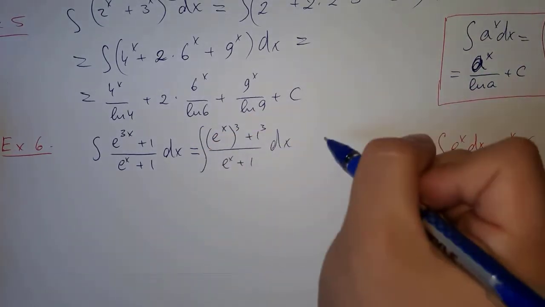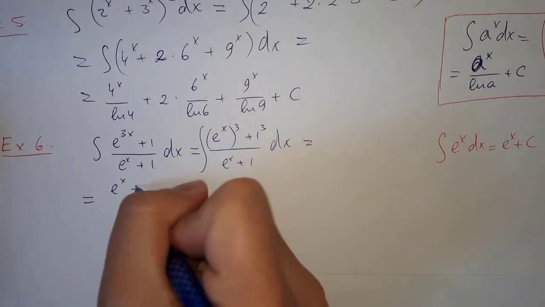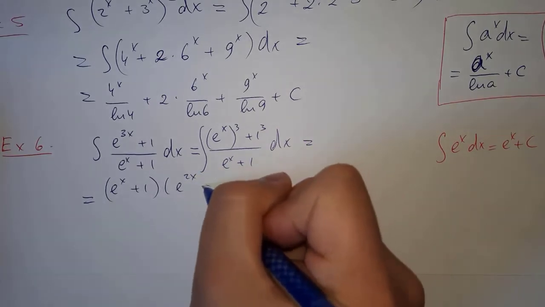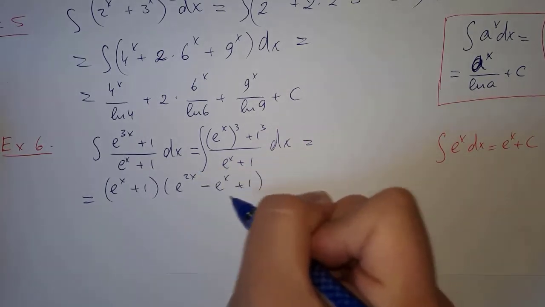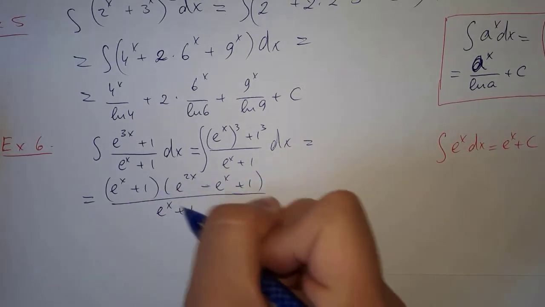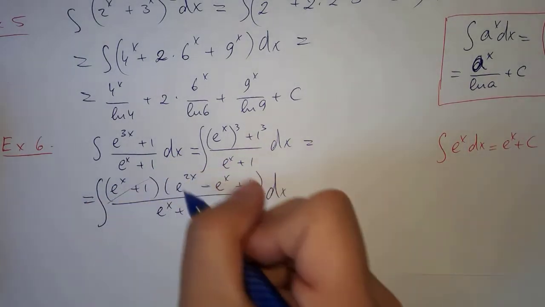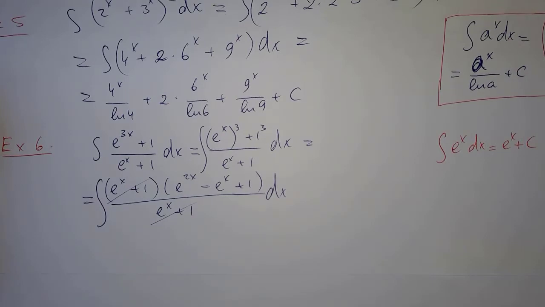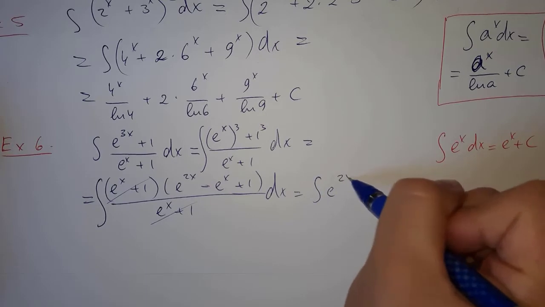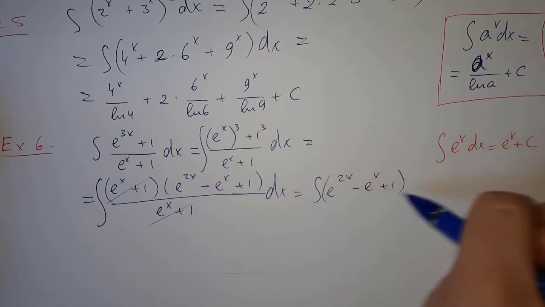dx. So now if we open by the formula, we have e to the power of x plus 1 times e to the power of 2x minus e to the power of x plus 1, over e to the power of x plus 1, dx. And now we can cancel them. And we get the integral of e to the power of 2x minus e to the power of x plus 1 dx.